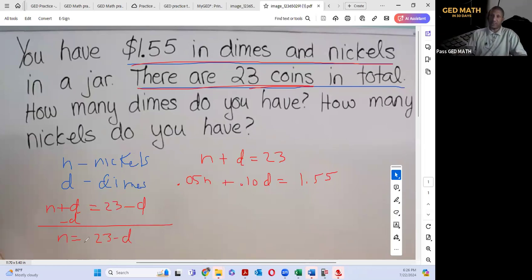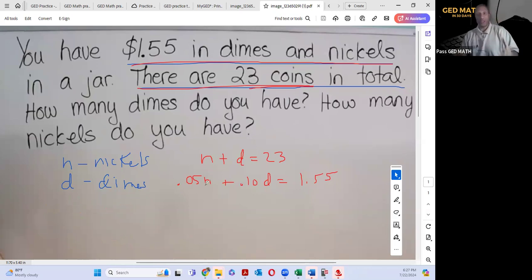Everywhere we see N, we put 23 minus D. I wouldn't suggest it for the GED. You could use substitution, but this is the way I would recommend.